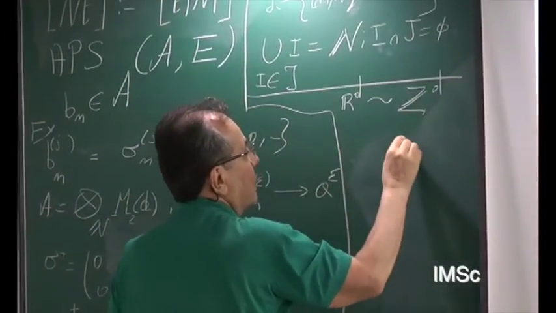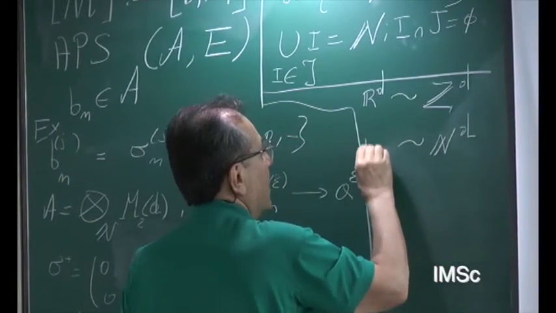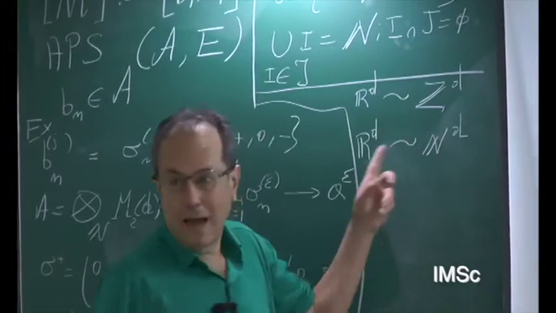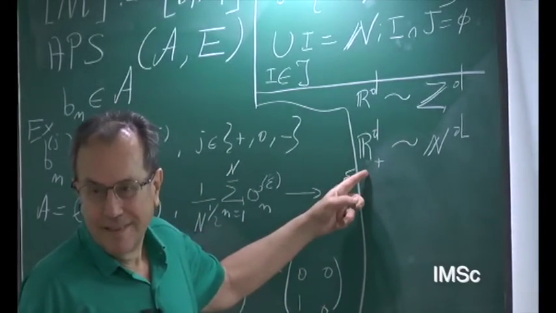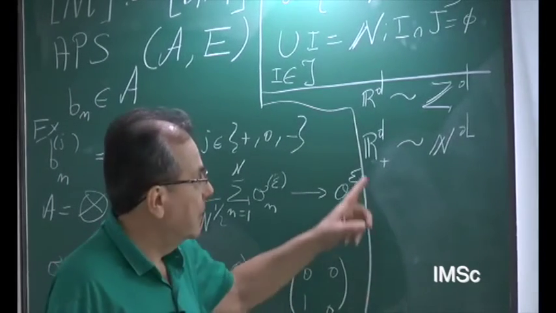So since we are taking Nd, this is the analog of R plus D. As you see, R plus is a cone. It has a very important property that we will use in the end.